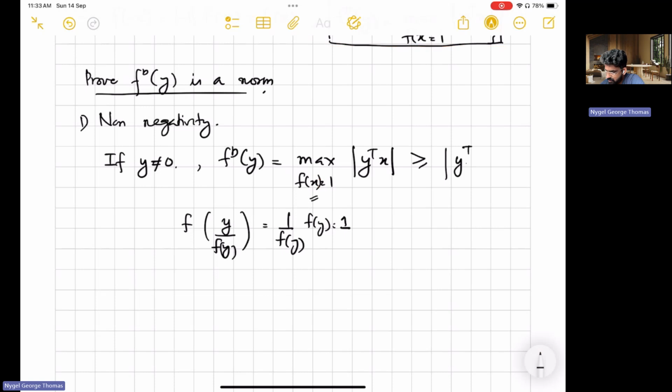So this is y transpose x, with x equal to y by f of y. Right? What is y transpose y?